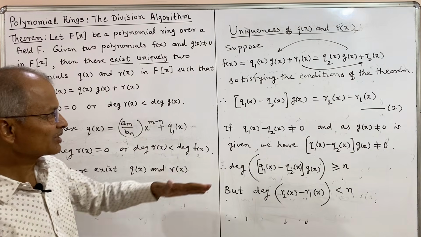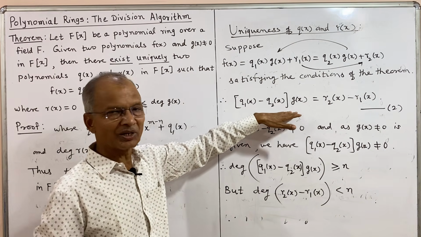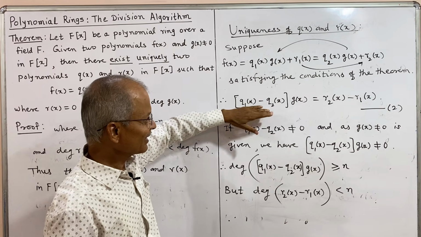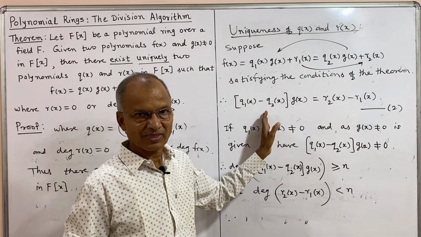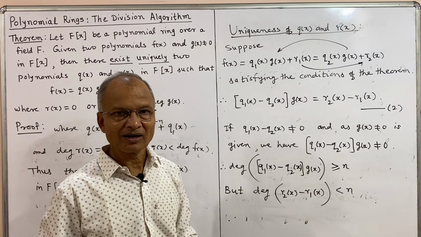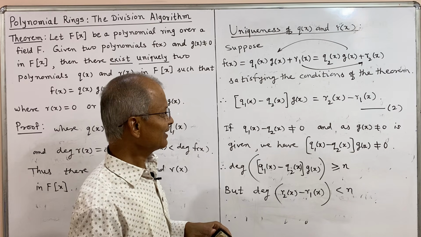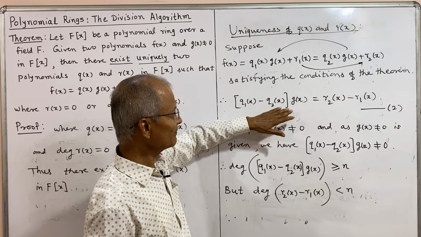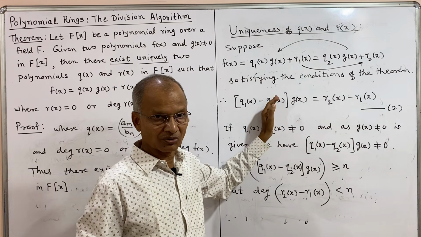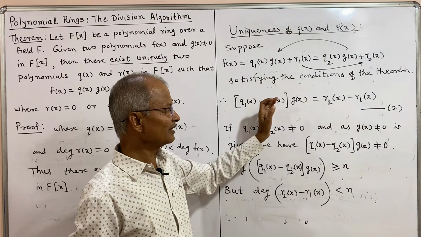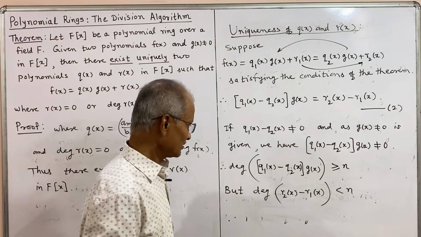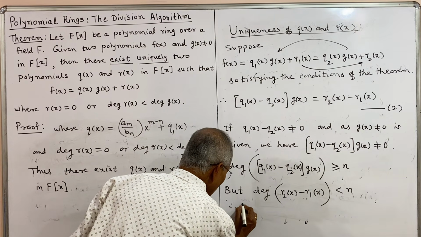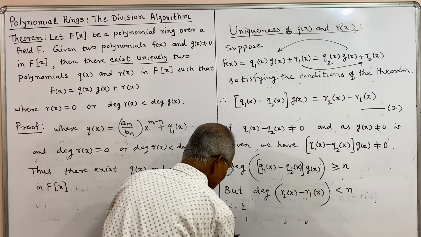So thus when this equation will be true, their degrees must be the same, then and only then it will be equal. And in that case, it will be equal only if both sides are 0. Then and only then this equation will hold.